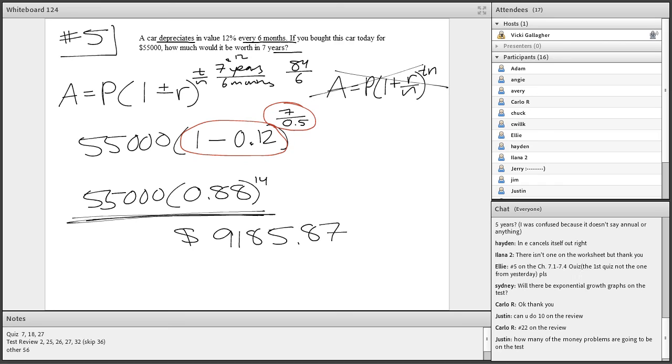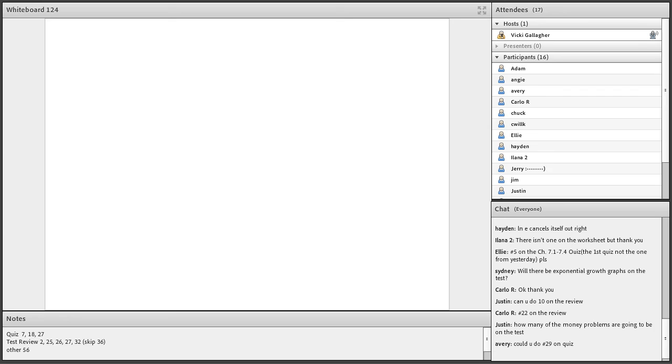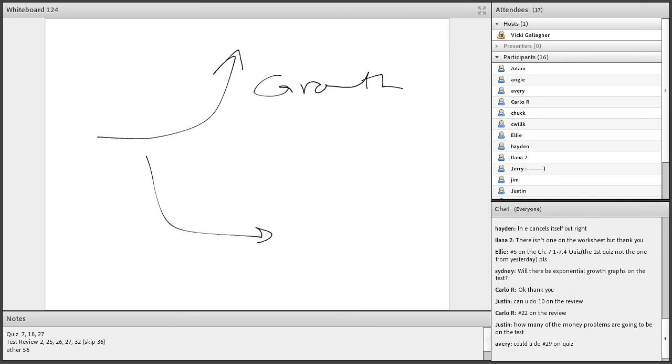Fantastic. Exponential growth. So we talked about that a little bit. I mean, we can do one really quickly. I think the exponential growth and decay is going to be more like questions 3 through 5 on the quiz. I don't know that we're going to actually ask you to graph something. We might ask you to analyze a graph. So you need to know, like, that's growth and that's decay.